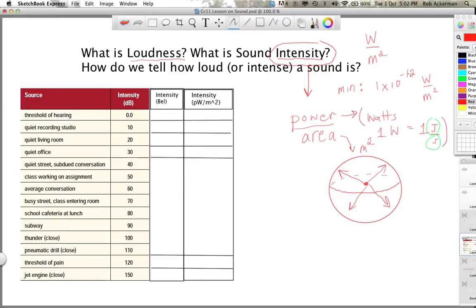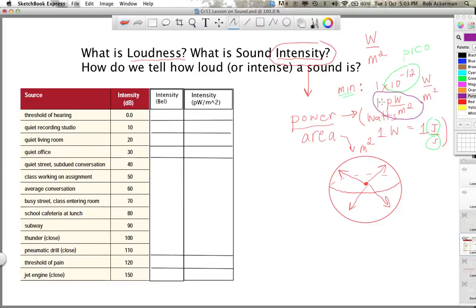And if you remember with your metric prefixes, 10⁻12 does have a metric prefix. It's the metric prefix pico. So what we're ending up getting here is that the minimum intensity that you can hear is 1 pico, so PW, picowatt, per square meter. This is the minimum. I'll circle it in a different color.